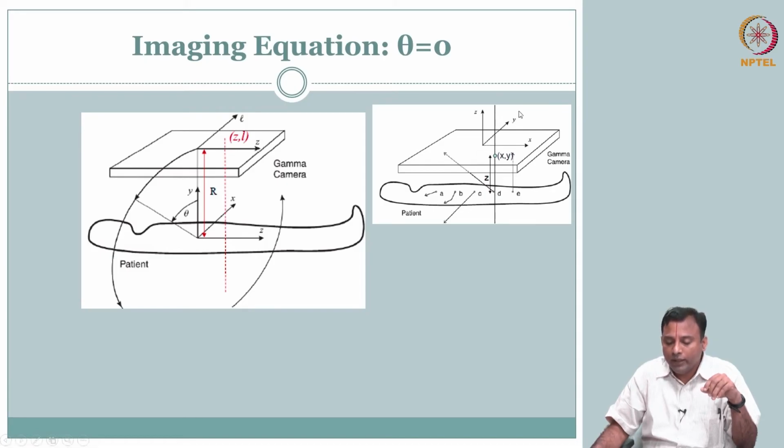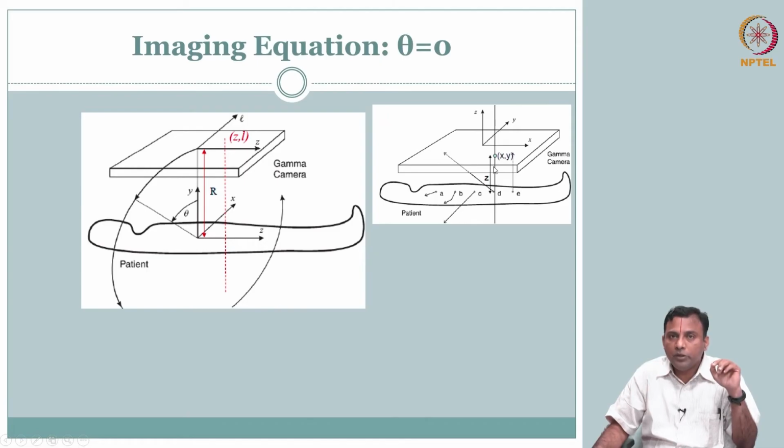So this was your Y, this was your X, this was your Z. When we did this material from a detector point of view, what is detected in the imaging, in the physics part of nuclear medicine, we wrote the imaging equation in this coordinate system, because there the image was in this plane, your X, Y. That is why we wrote it like that.